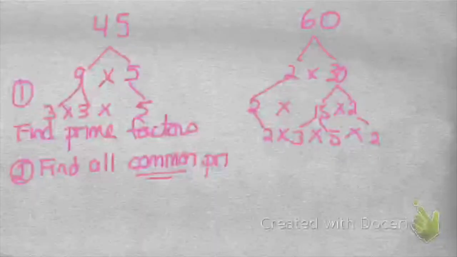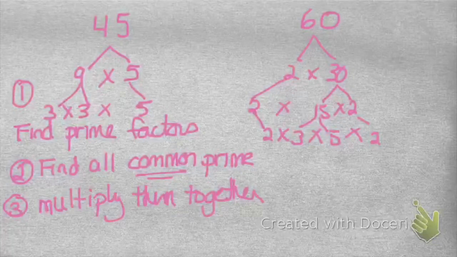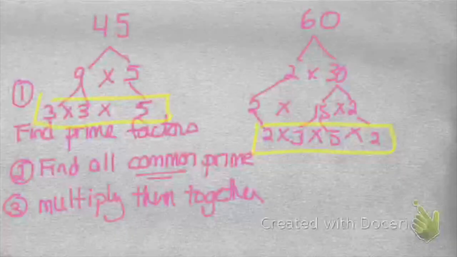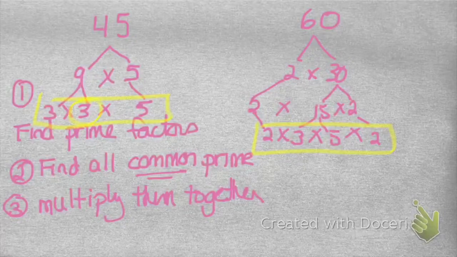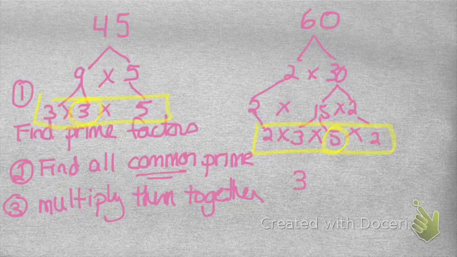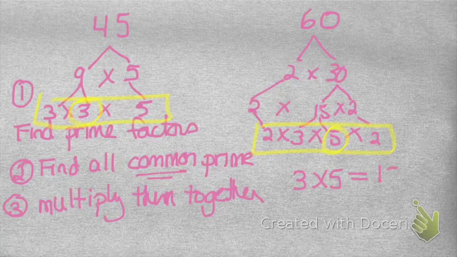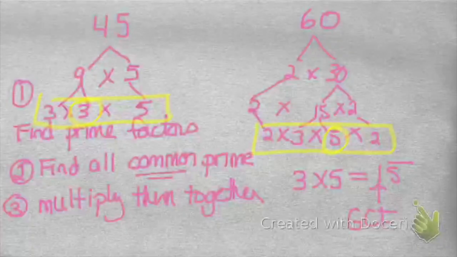And the third step: if I look here at the prime factors of 45 and the prime factors of 60, the only ones that they have in common are 3 and 5. If I do 3 times 5, it equals 15, and that is the GCF of 45 and 60.